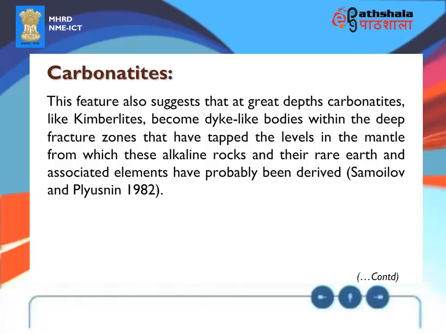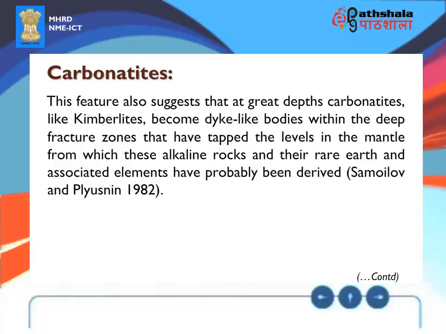This feature also suggests that at great depths, carbonatites, like kimberlites, become dike-like bodies within the deep fracture zones that have tapped the levels in the mantle from which these alkaline rocks and their rare earth and associated elements have probably been derived.